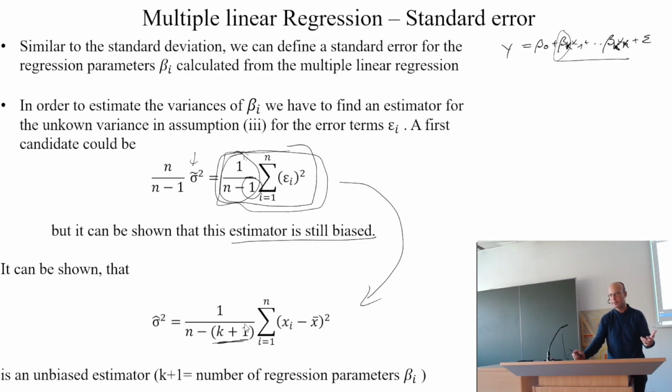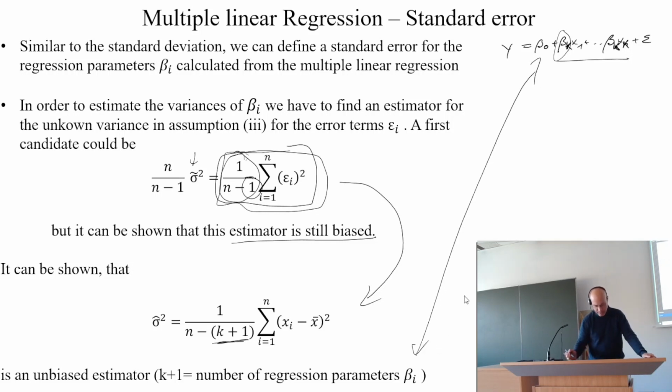Well, and this is maybe heuristically seen from our modeling, since k plus 1 is the number of all of our regression parameters.